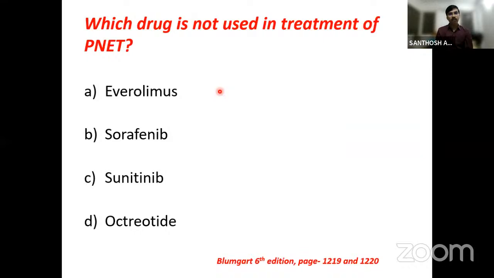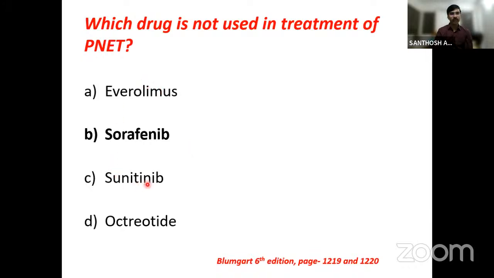Now the next question is, which drug is not used in the treatment of pancreatic neuroendocrine tumors? So the answer is straightforward. Sorafenib is used only in hepatocellular carcinoma and not in pancreatic neuroendocrine tumors. The other drugs are used in palliative care as palliative chemotherapy. It is not used as an adjuvant chemotherapy.